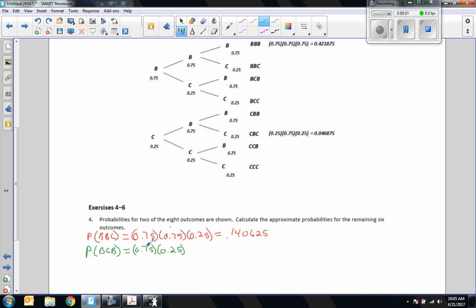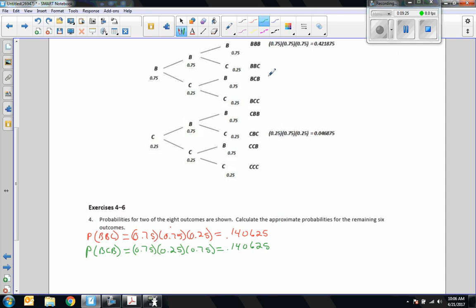And the probability of B again is 0.75. So all we've done was switch these two. 0.25 went here, 0.75 went here, and this one is the same. So multiplying anything, order does not matter. Multiplication is commutative. So if I plug that in the calculator in this order, I would still get 14% approximately.